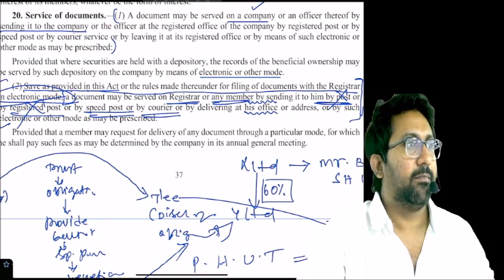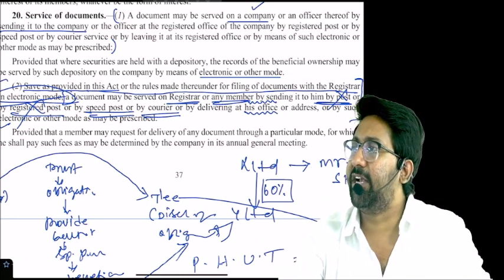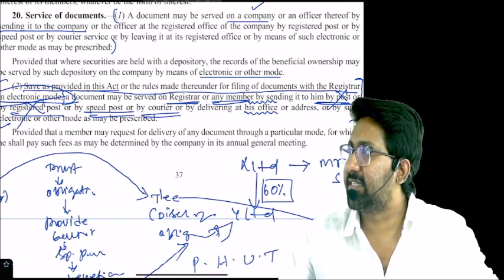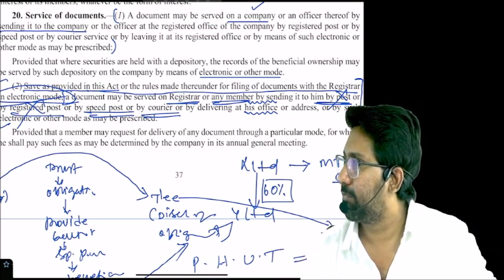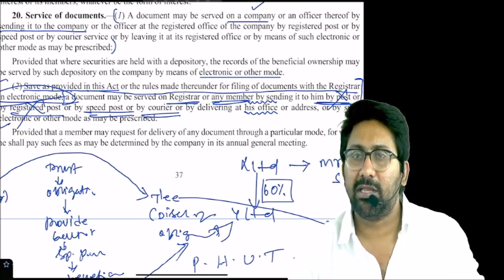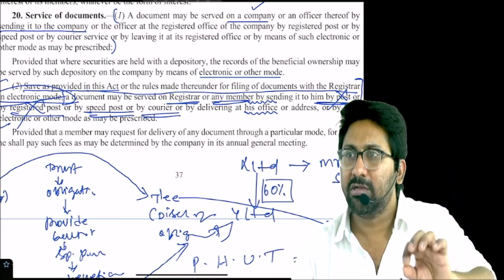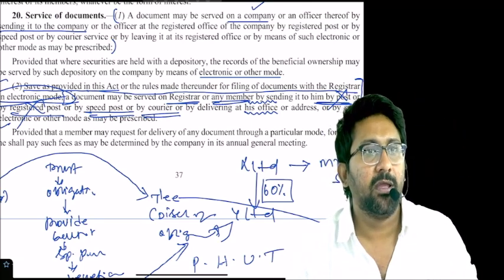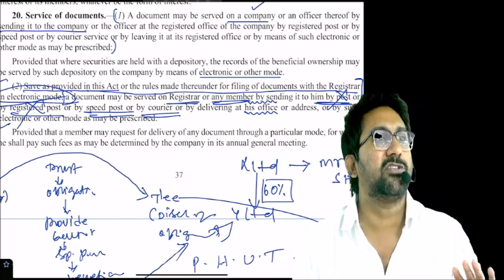Next example. ROC sent a notice to the company that there are some wrongs in the books of accounts of this company. Give me explanation. There is no form to give explanations through the MCA website.